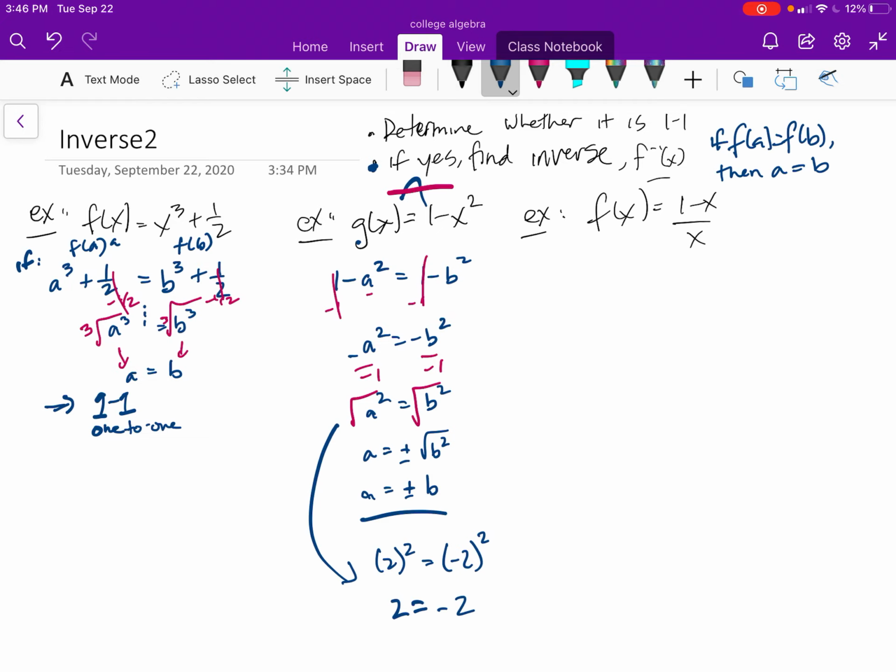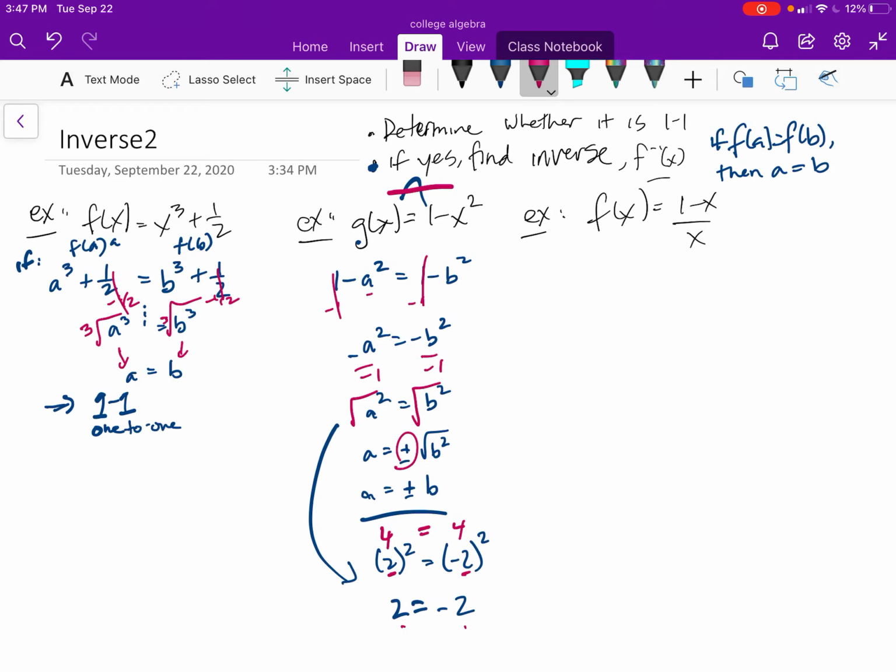No. That's why when we do this square root on both sides, you have to have that plus minus, because that square is going to make my answer positive no matter what. 4 does equal 4. 2 squared does equal negative 2 squared. But that does not mean 2 equals negative 2. So there's an example of when you do this algebra and it's not true.